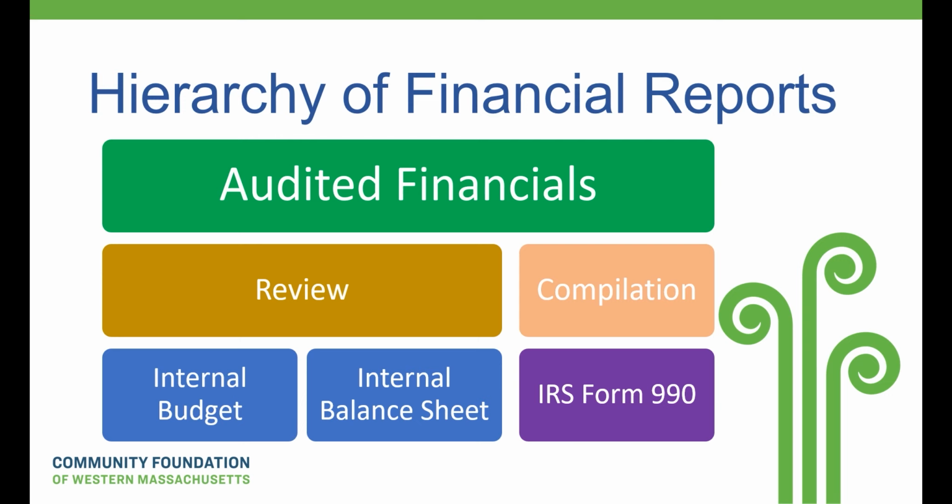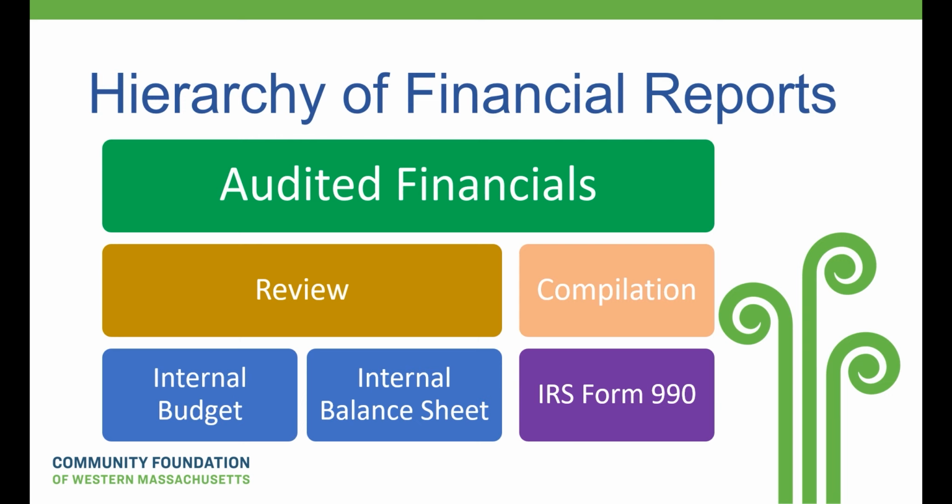Below that, and a little less expensive, are review or compiled financial statements. This means that there's still an accounting firm that's looked at them, but they haven't done a lot of that underlying testing. So better than not having anyone look at them, but not as supported as others.